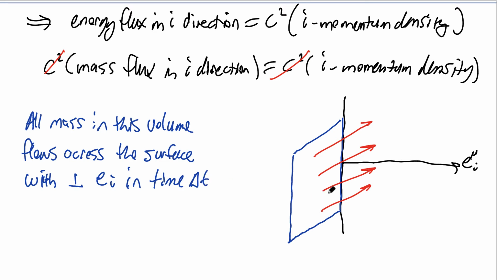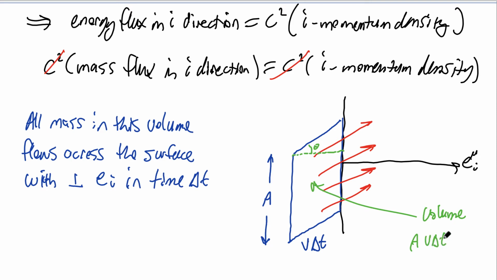So if this mass is moving with a velocity v, then the length of this side of the volume is v times delta t. And the cross-sectional area we'll refer to as A. Now the volume of this region, if this is the angle, say theta, then the volume of this region is A times v delta t times the cosine of theta.